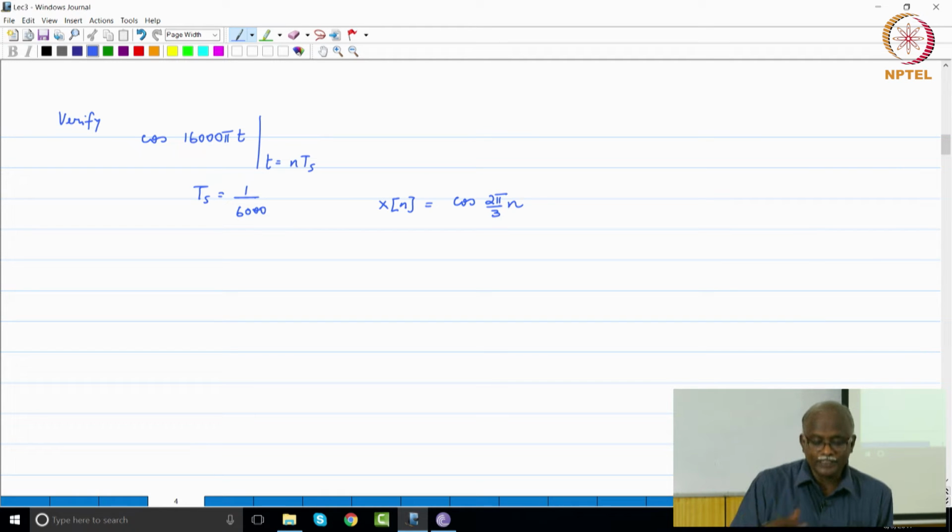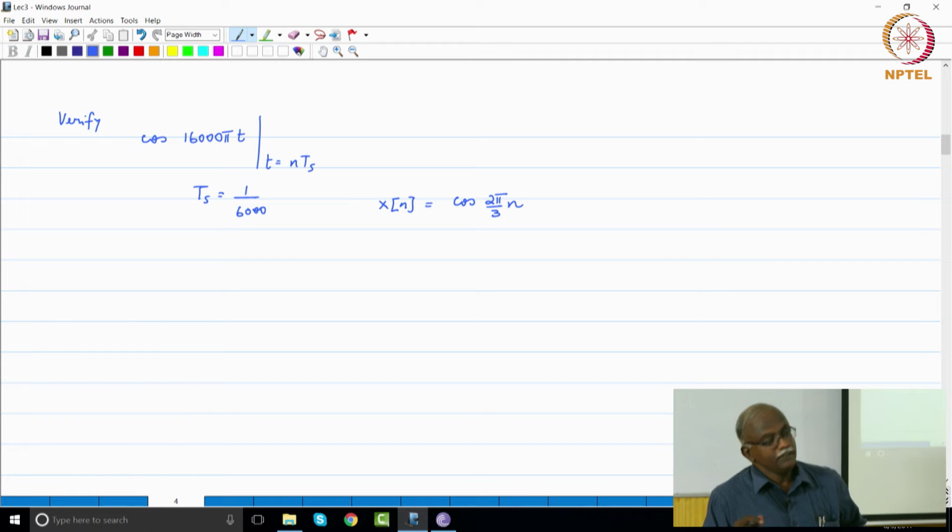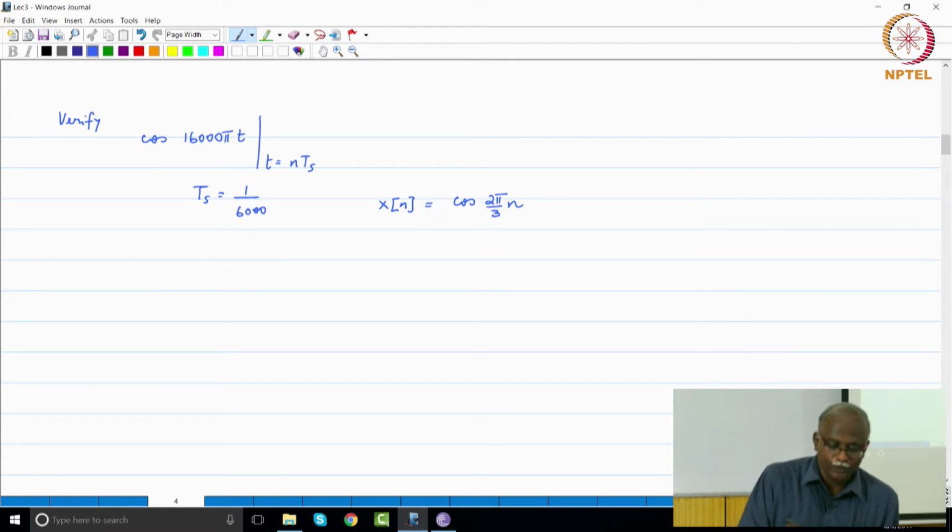So, obviously, you can see an example of aliasing, and there are an infinite number of such frequencies that are going to map to cosine 2 pi by 3 n. So, therefore, the statement that was made is that the unique representation between continuous time and discrete time is valid only if the Nyquist criterion is satisfied. Okay. So, if the Nyquist criterion is not satisfied, let me give you the reverse condition.